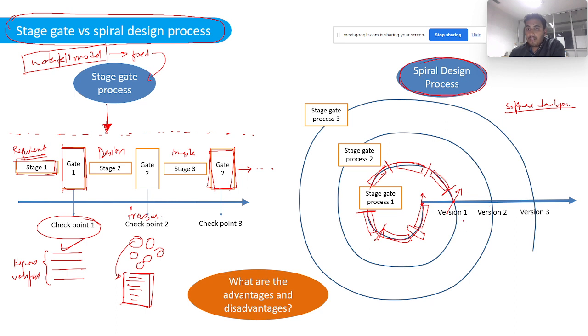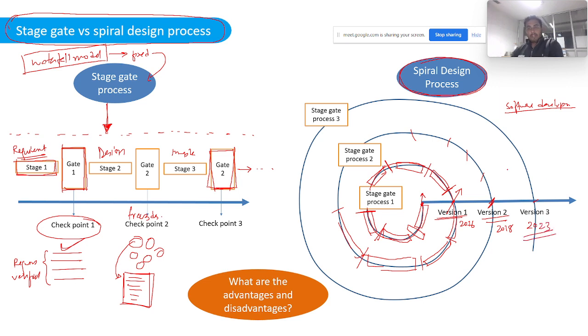For example, in 2016 you release version 1, then you go through another spiral, another stage gate approach. It has similar stages. Then the next version you release in 2018. Likewise again you continue the same process and you release another version in 2023.